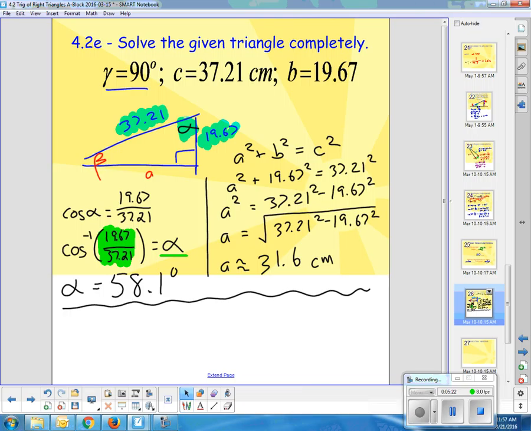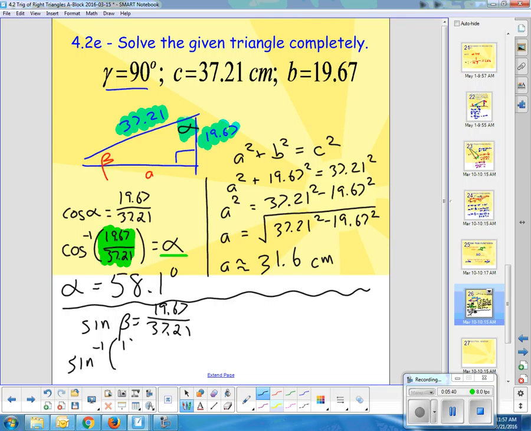And so, looking at my beta, I have the side that is opposite. I have the hypotenuse. It makes me think of the sine function. Sine of beta equals 19.67 over 37.21. Create the inverse sine function where I will input the ratio 19.67 over 37.21 to get out my angle beta.